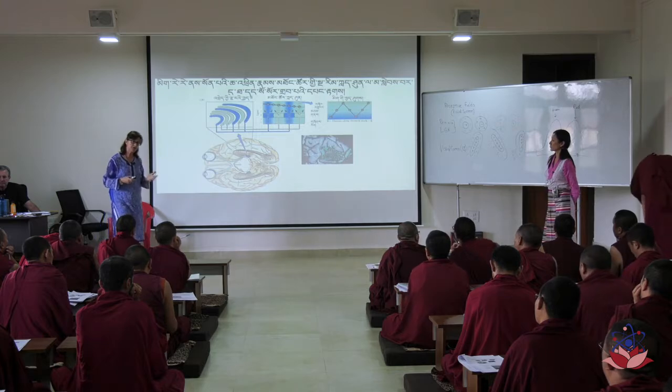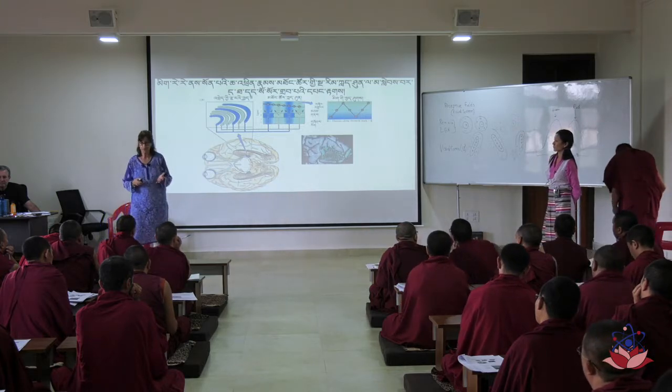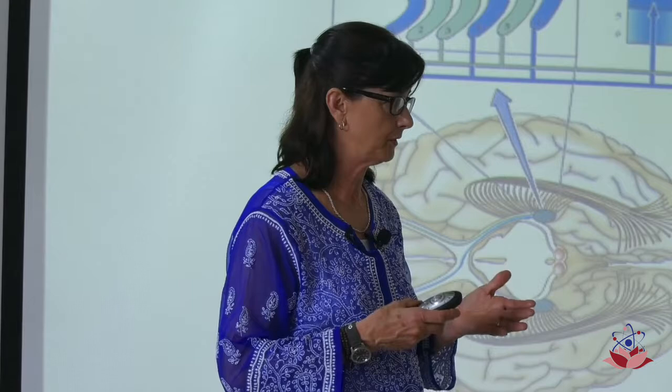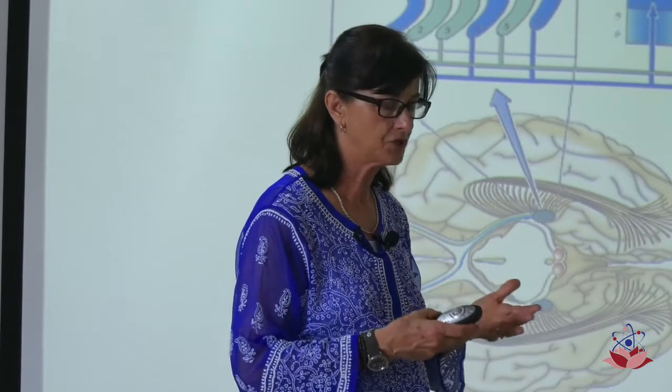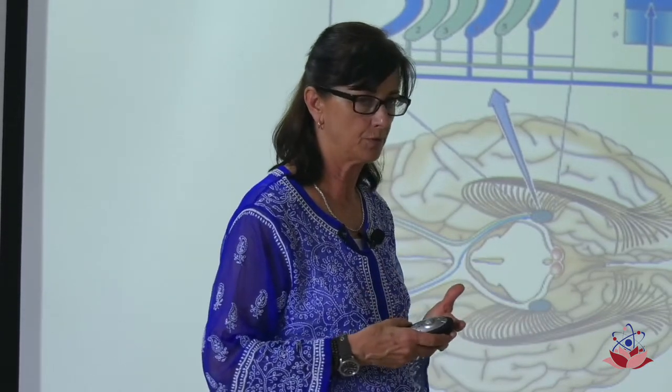So the two scientists I told you about earlier, Hubel and Wiesel, did an experiment to understand the nature of binocular neurons and how the connections in the brain created neurons that were binocular.